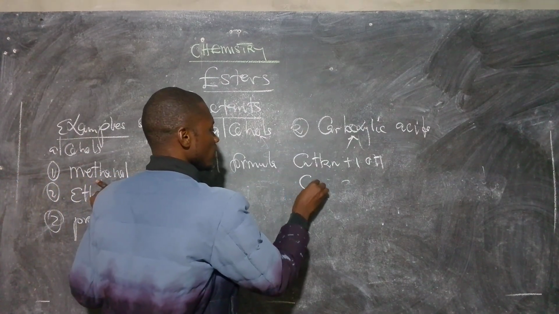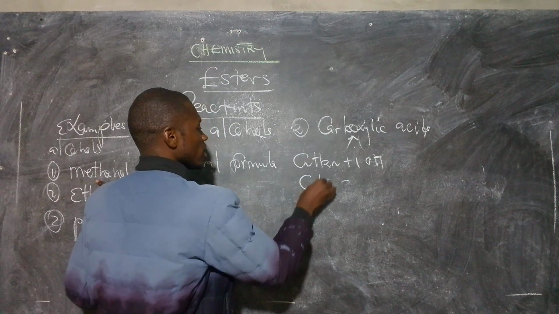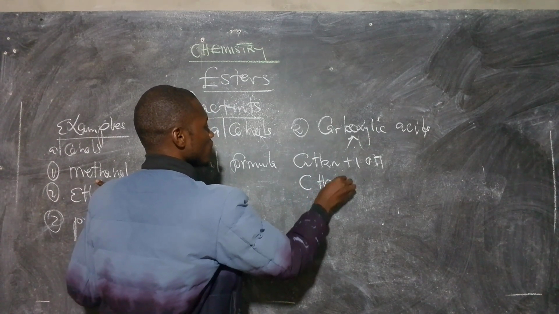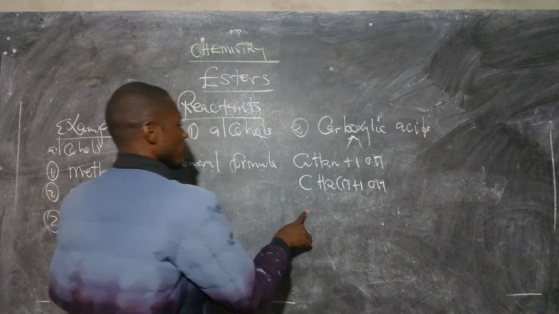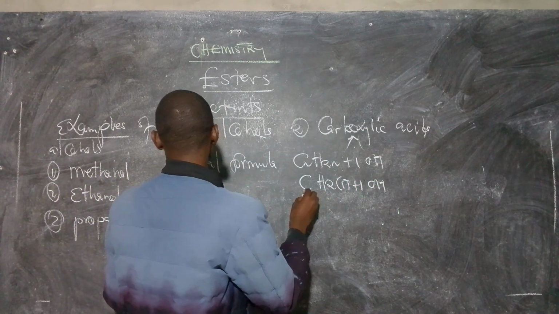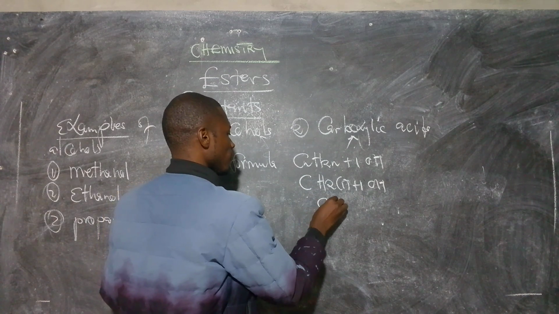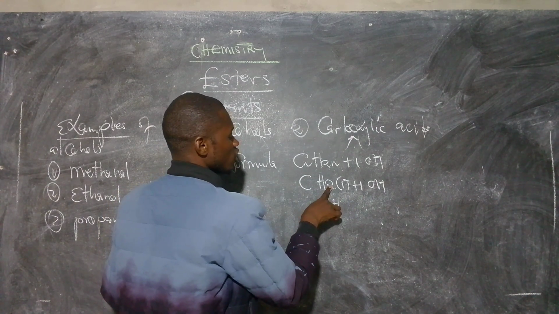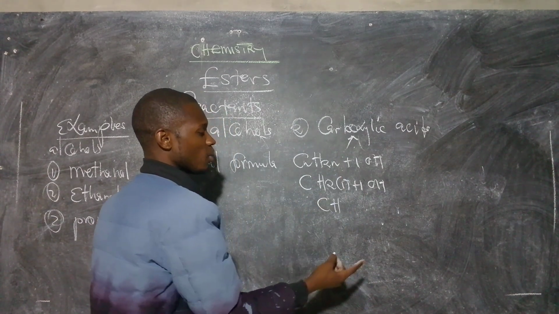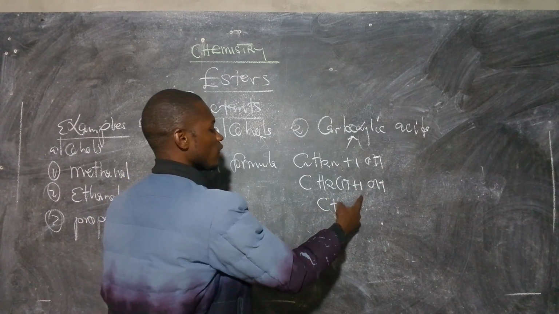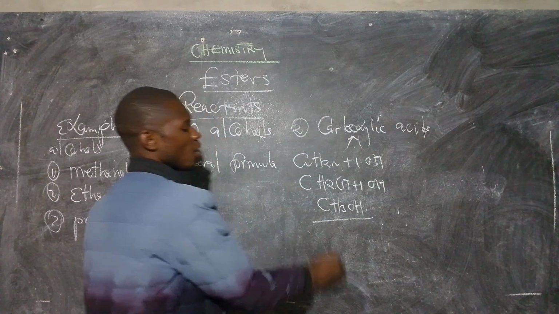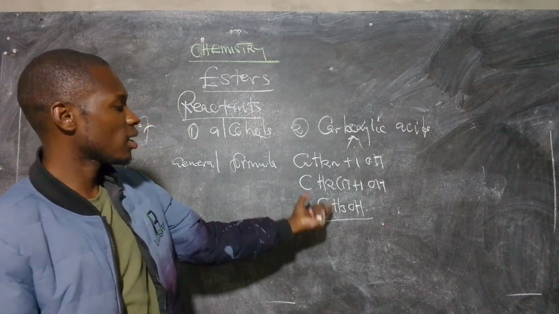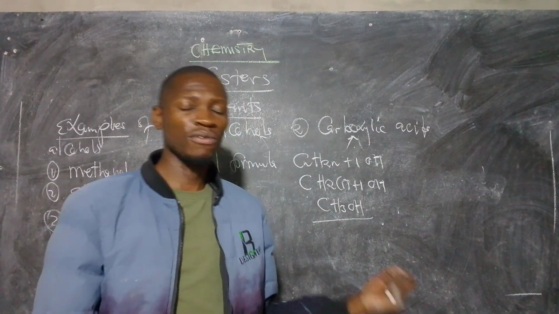So it will be C, we don't write 1 of course, then H, 2 times 1, then plus 1, OH. So the final molecular formula for methanol will be CH, then 2 by 1 plus 1 gives 3. So 3 here, then OH. So this is how we make the molecular formula of alcohols.